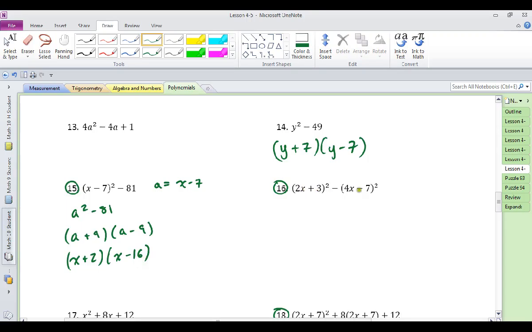Okay. Now look at this. What does that look like? Is that A squared minus B squared? Don't we know how to do those? We do, don't we?